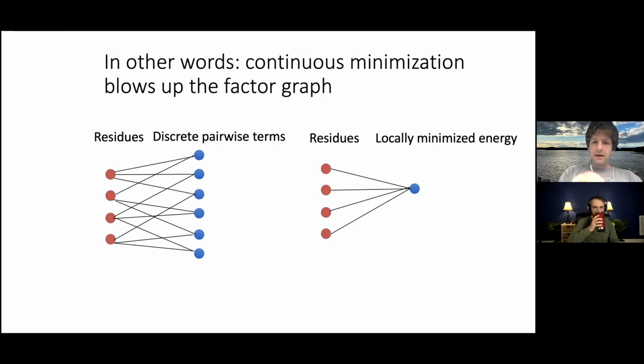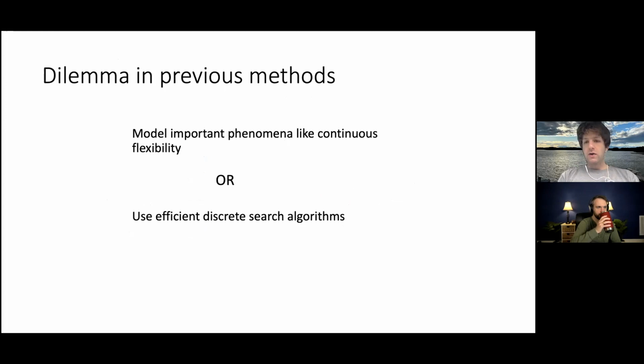That makes things more complicated and causes a dilemma, which is, either we can model these physically important phenomena like continuous flexibility, or we can use these efficient discrete search algorithms that assume that discrete pairwise model, in that mathematical formalism, or something like it.